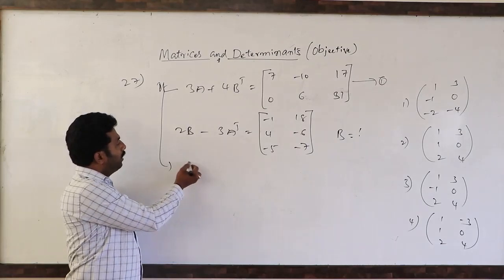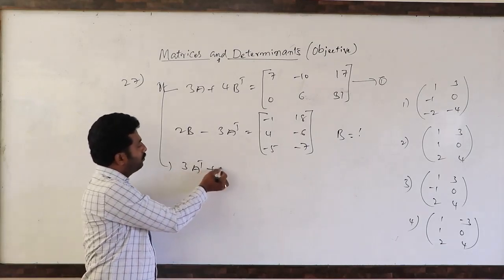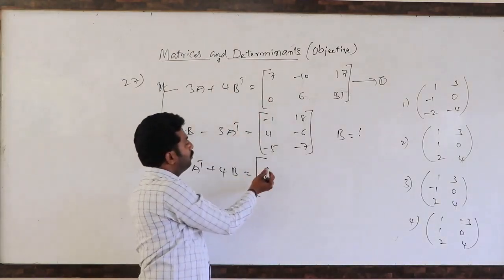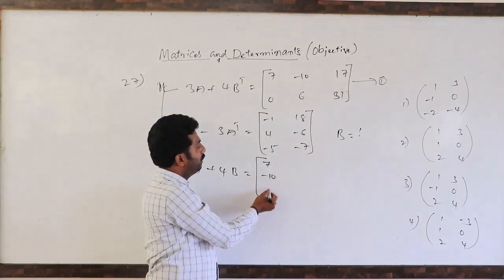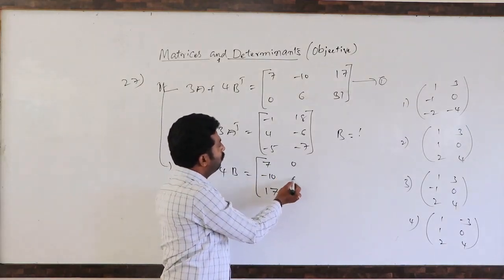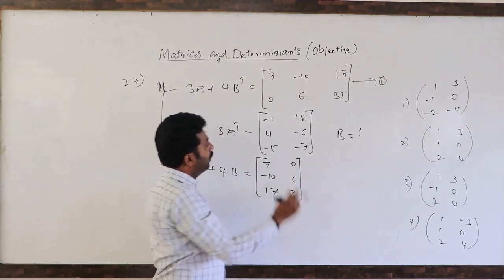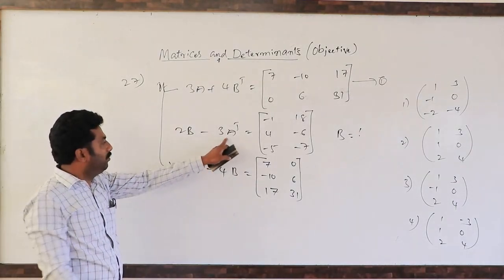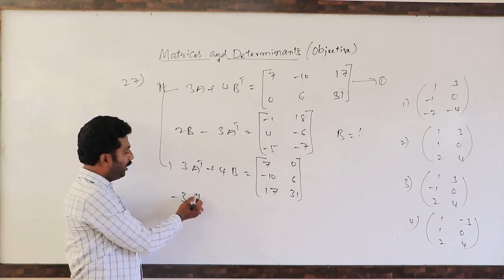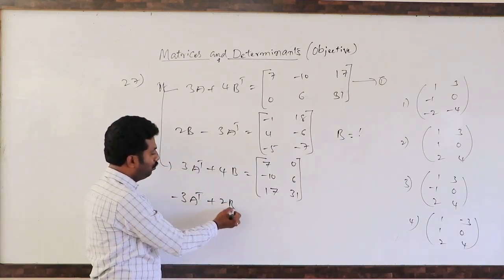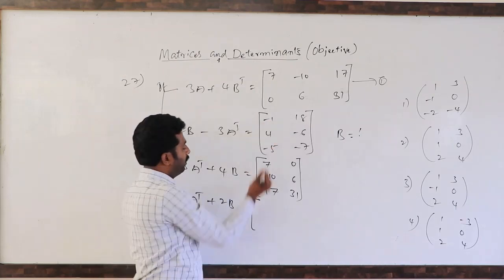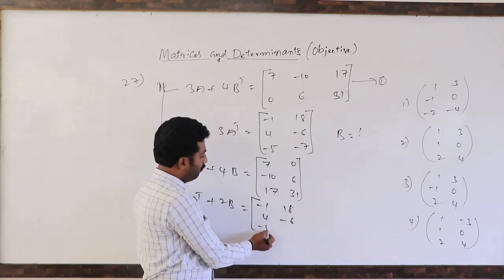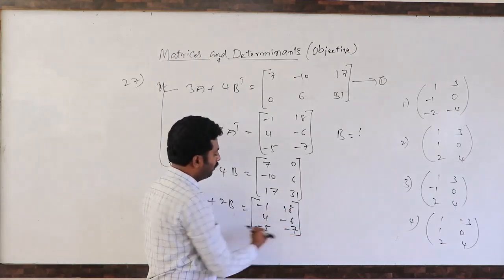Transpose means 3A transpose, B transpose whole transpose means B, and this matrix transpose means 7, minus 10, 17, 0, 6, 31. So this is the second equation, observe. No changes. First I am writing minus 3A transpose plus 2B equal to this matrix minus 1, 18, 4, minus 6, minus 5, minus 7.